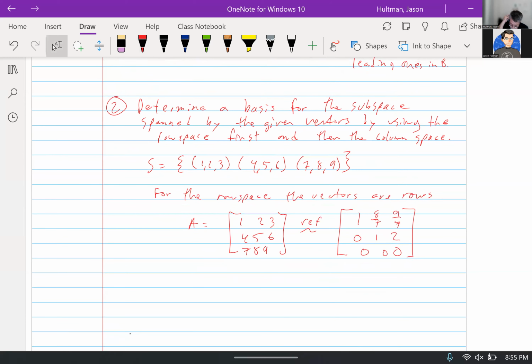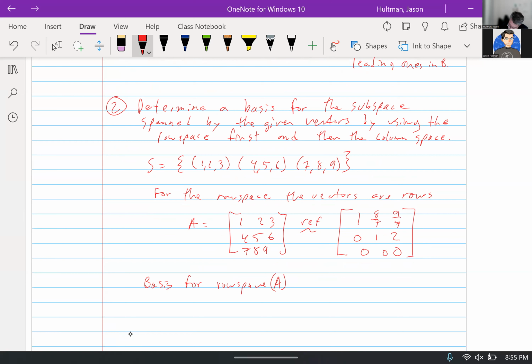So a basis for the row space of A. It says determine a basis for the subspace spanned by the given vectors using the row space first and then the column space.